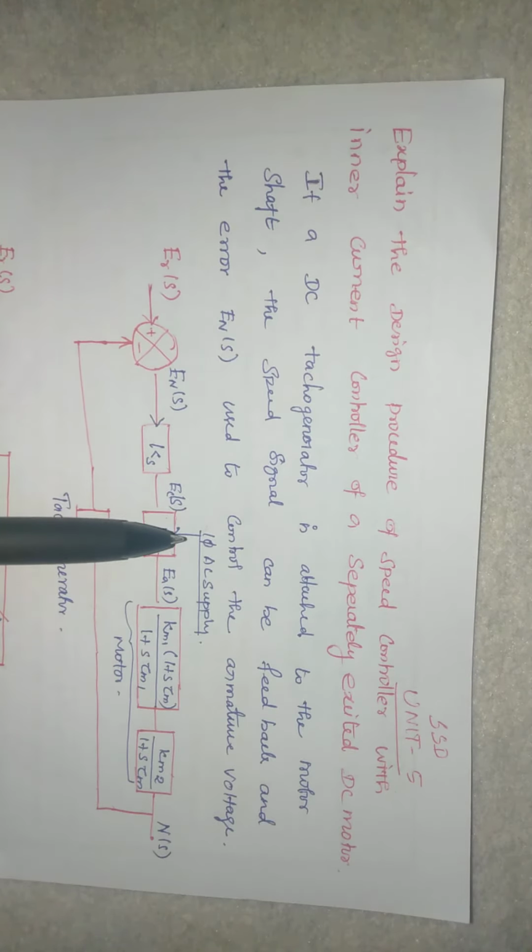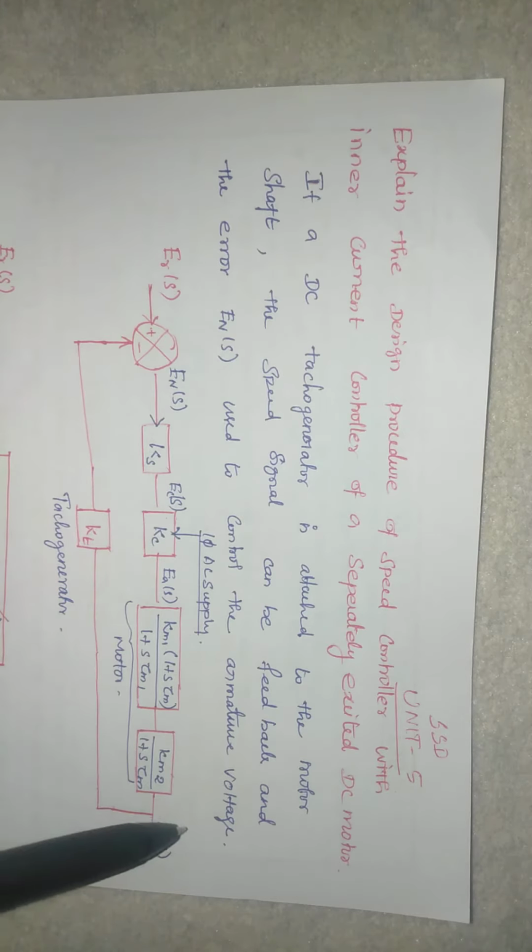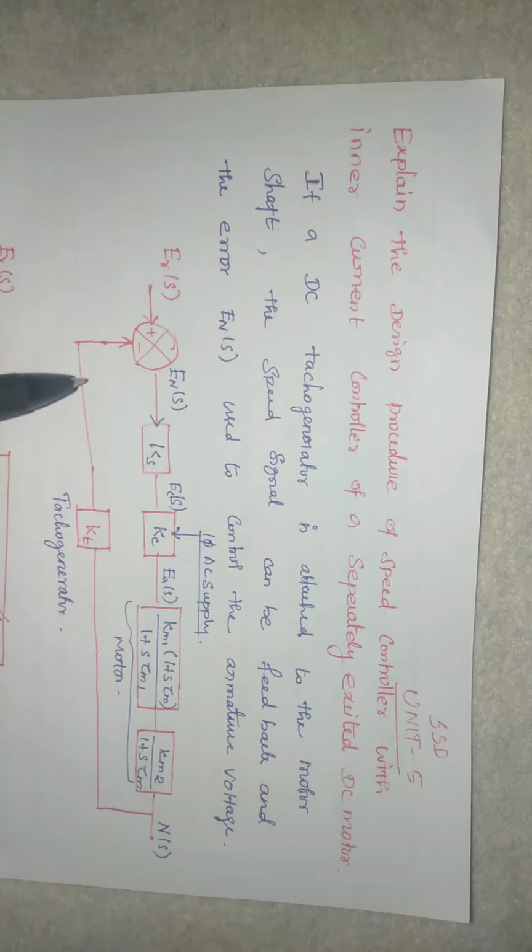I start a machine with the 230 volt AC supply. That machine produces one speed. That speed is compared with the reference speed. The reference speed is what I actually require. This NS is nothing but the speed actually produced by the machine.